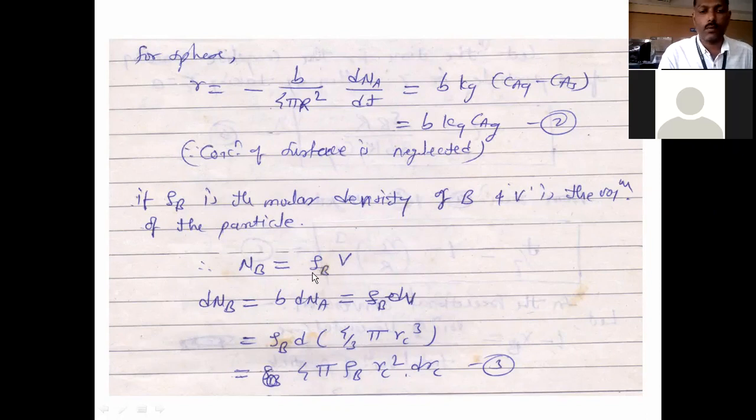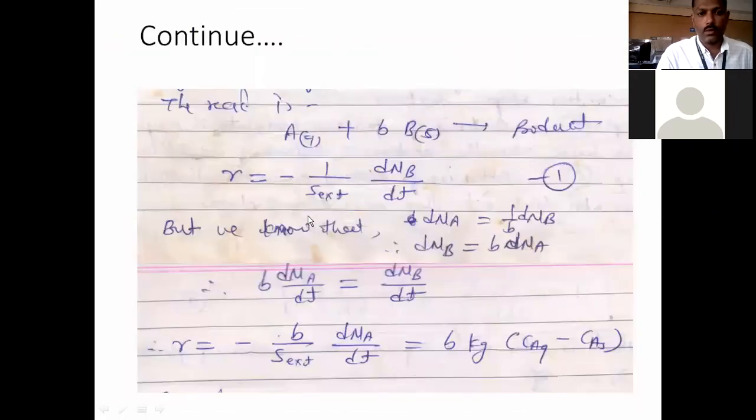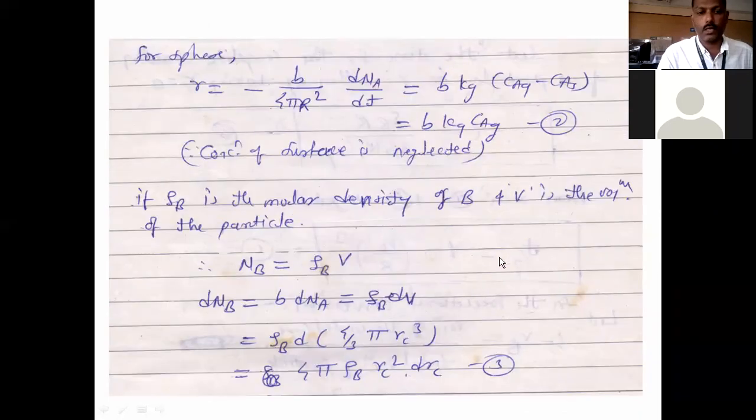So this is the moles we get. Differentiating this, dNB is equal to b into dNA, as previously. Here dNB is equal to b into dNA; this we are using.